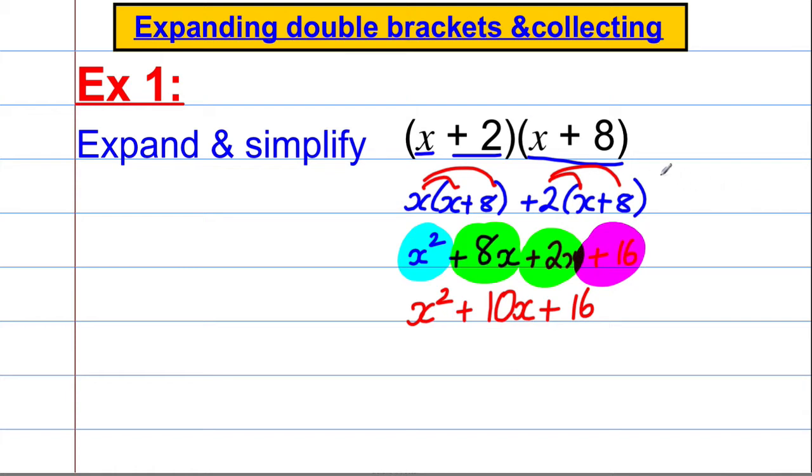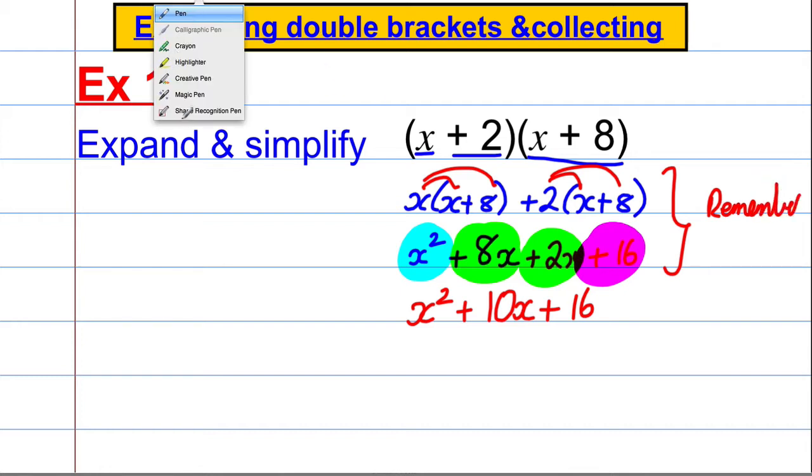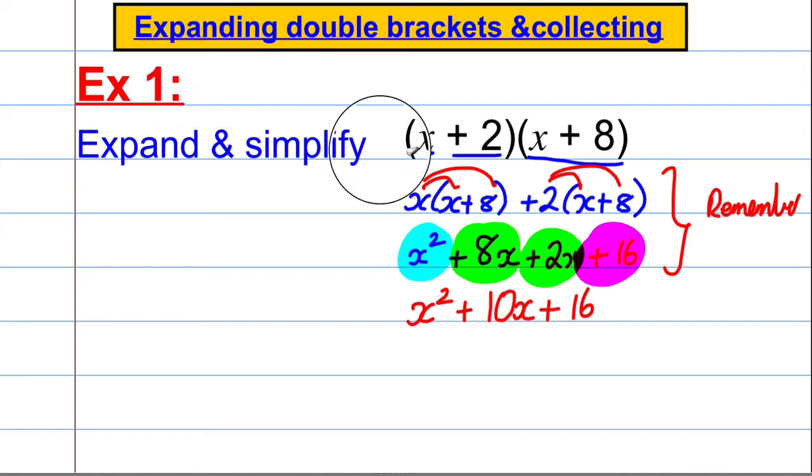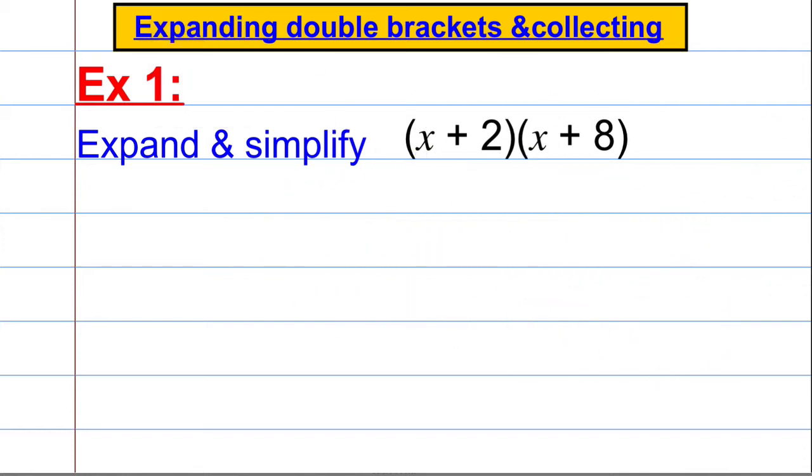Okay, now I want you to remember this method. It's a good method, so remember this and use this in exams. However, this is the question of this video: how could I have just, without that working, got from here to the answer, which would have been x squared add 10x add 16? Can you see a way of getting from here to here?